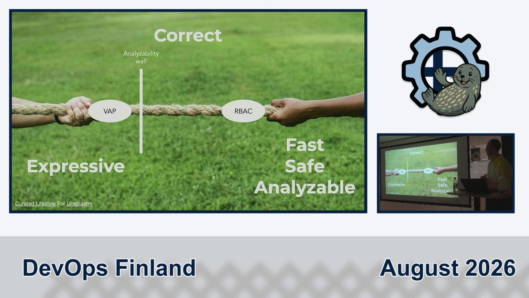But it does have loops actually. So this means that in general, mathematically speaking, it's not analyzable, and we'll come back to this analyzability in a moment.